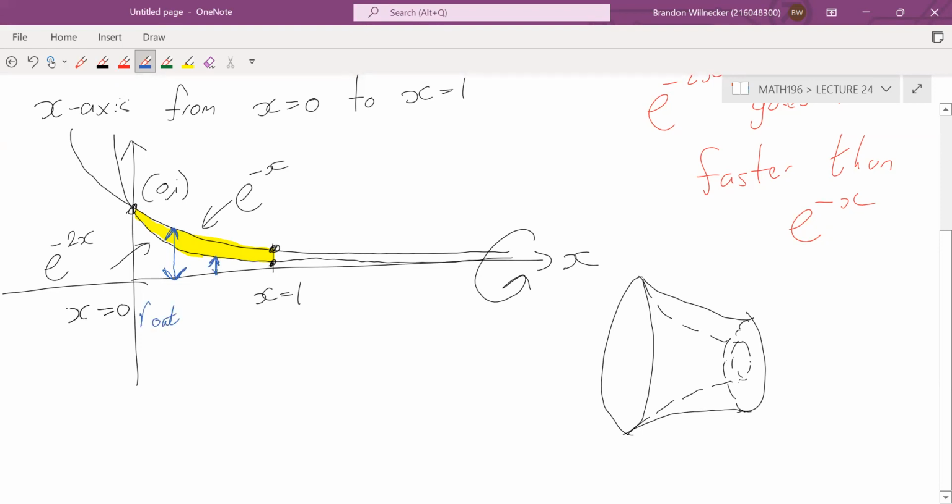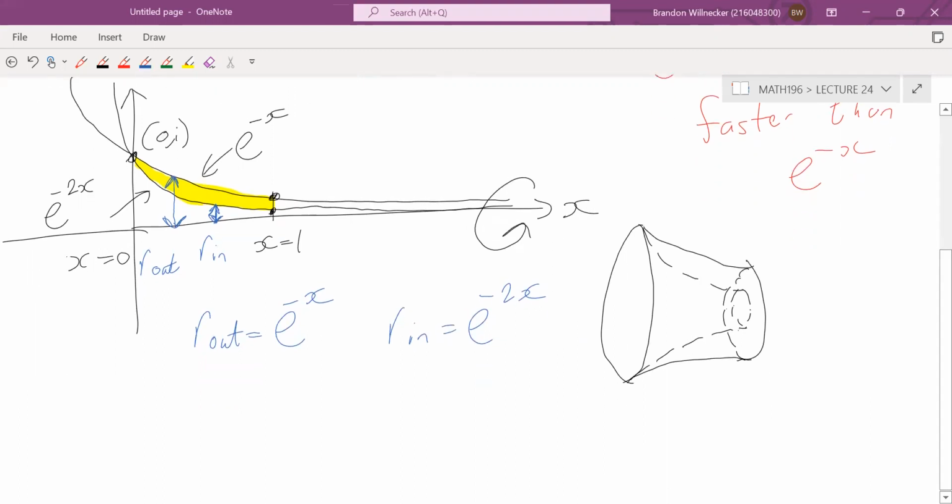This function over here, that must be r in. So r out is going to be e to the minus x, because that's the upper one. R in is going to be e to the minus 2x, because that's the lower function in our picture.